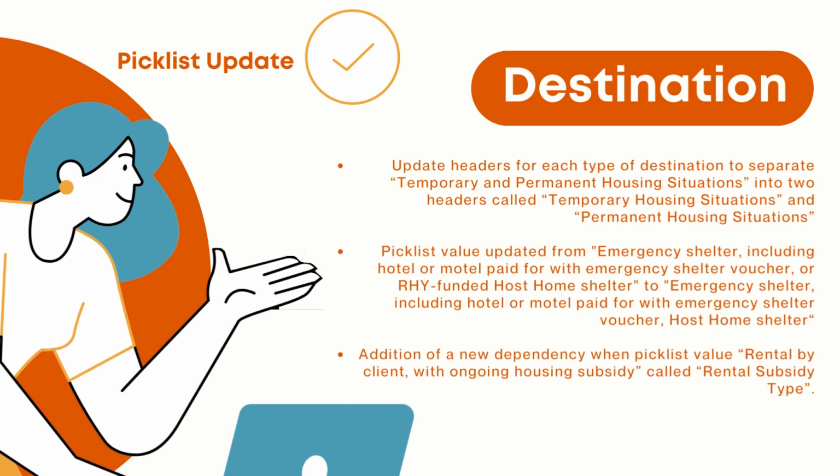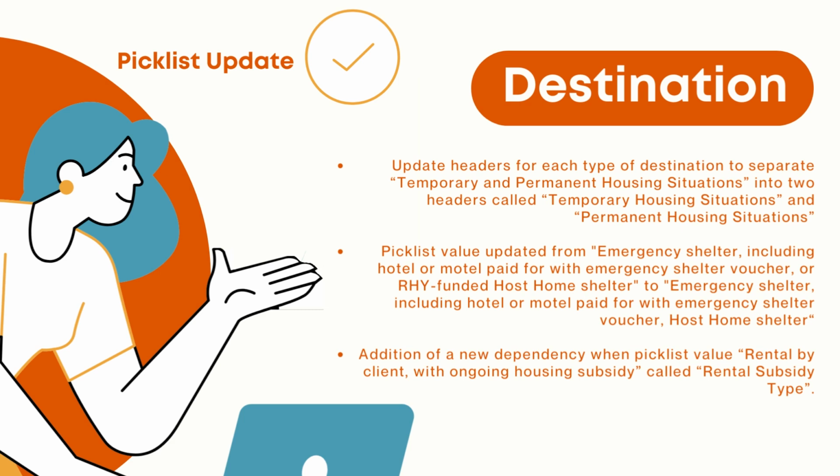So with destinations, headers are now updated for each type of destination. Instead of one header with an extended list of options, there will be two headers. The previous list was temporary and permanent housing situations, and the new headers are temporary housing situations and permanent housing situations.